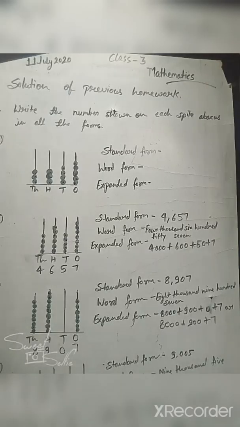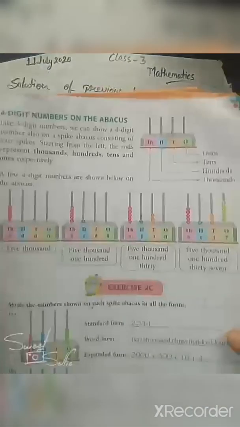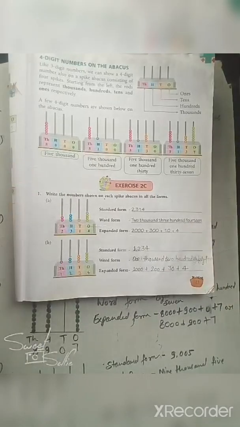In previous class, I had given you some questions to solve in homework. So, I had given you to solve exercise 2C. In exercise 2C, question number 1, write the number shown on each spike abacus in all the forms.